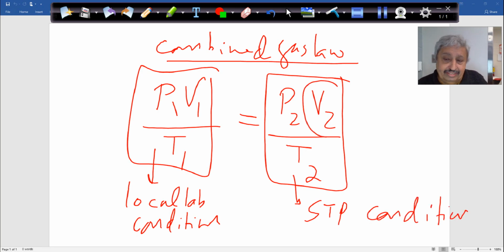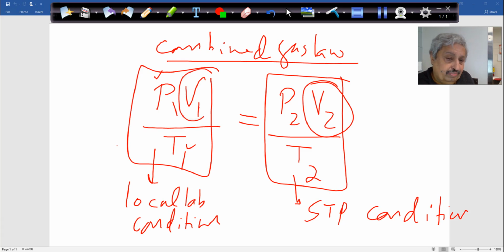And we want to get the volume of CO2 in what? In STP condition. So if we get the volume, then it's very easy to get the molar mass, correct? So that's what we are looking for. That's the whole thing here. Local condition, so we have a manometer, we can measure this. Temperature is around 21 degrees Celsius, converted to Kelvin.